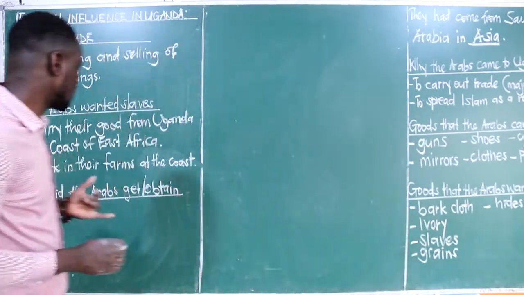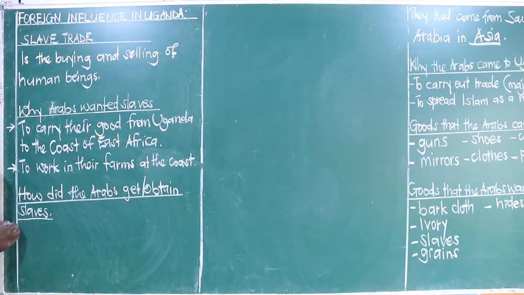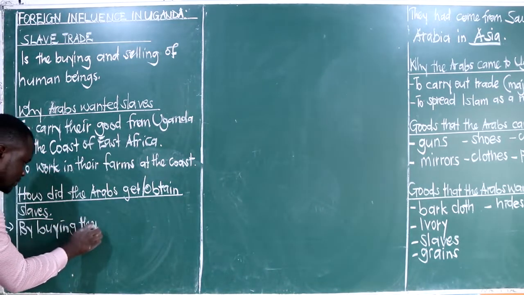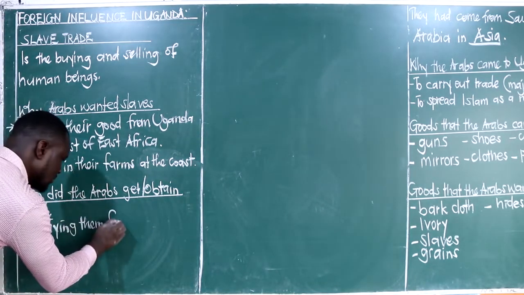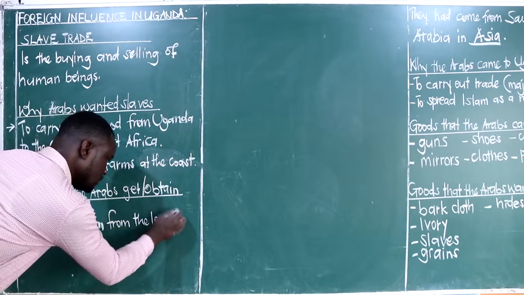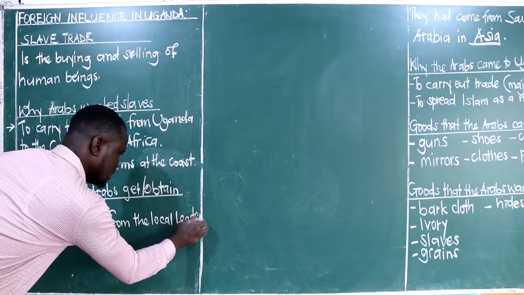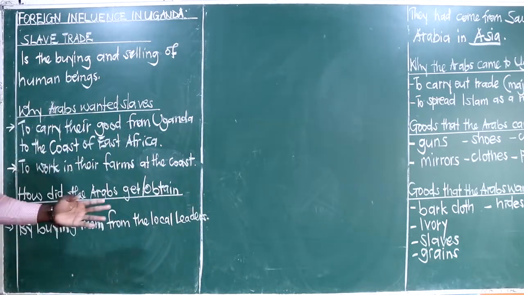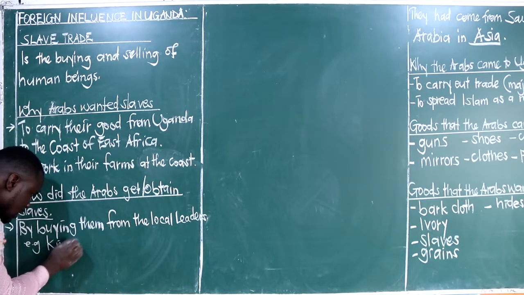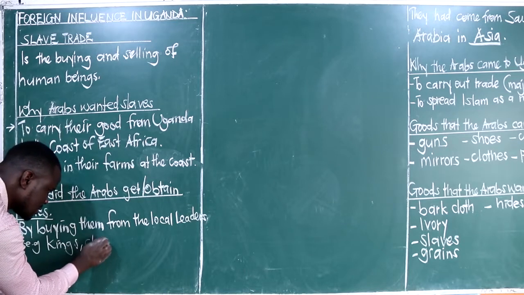One, the Arabs could get them by buying them from the local leaders. That is the first way. Local leaders include kings, chiefs.